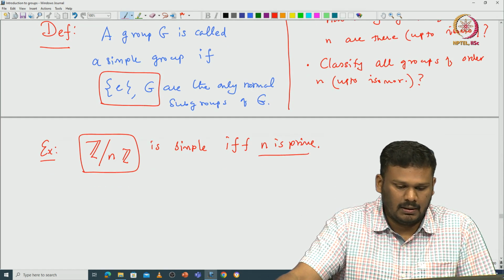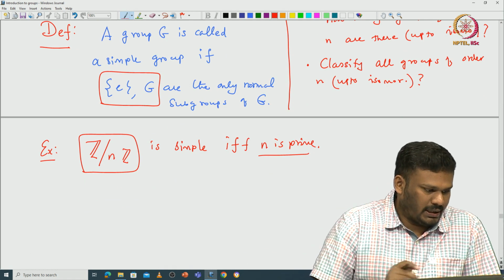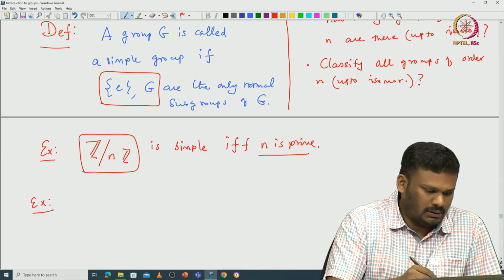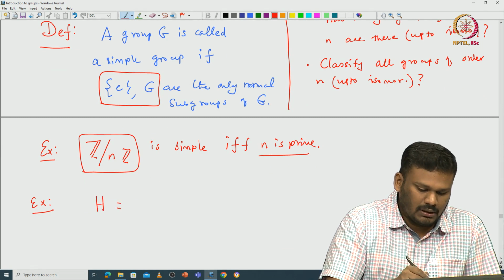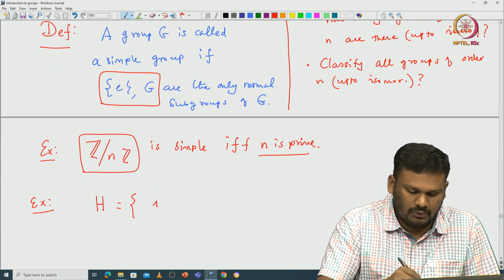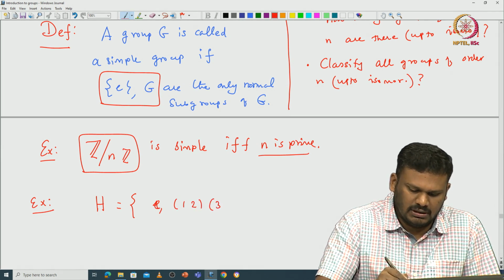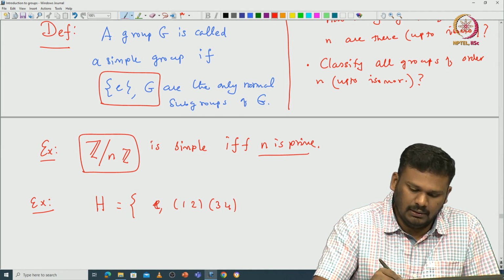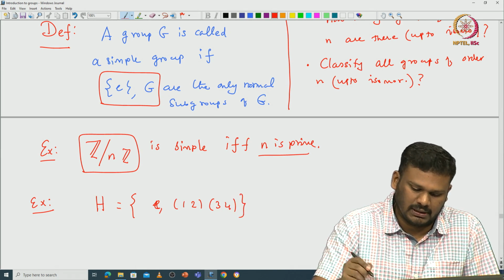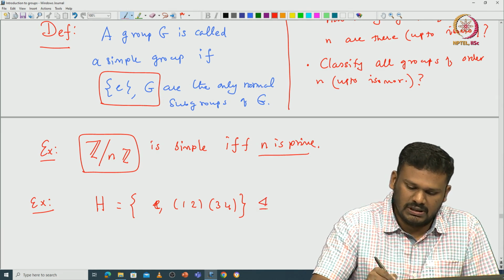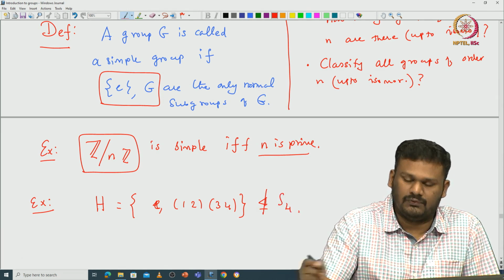Here I will give another example of a non-normal subgroup. These all come for free if you understand the symmetric groups. If you take the product of two 2-cycles, which is an order 2 element inside S4, this is not normal in S4.